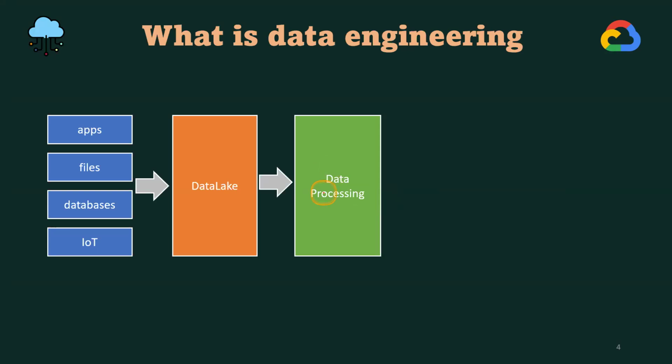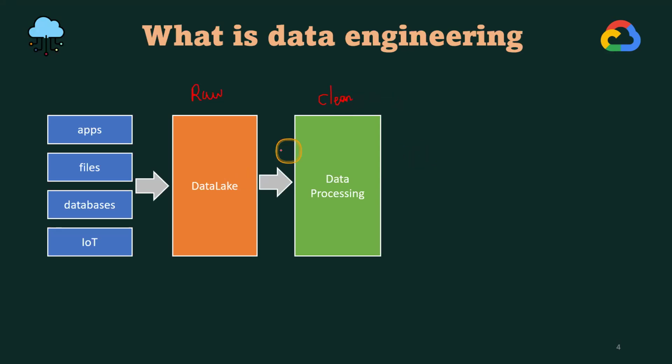What is this data processing? Now we know that the raw data has a lot of problems, so we clean the data, process the data, and enrich the data so that it will be in a properly cleaned format.